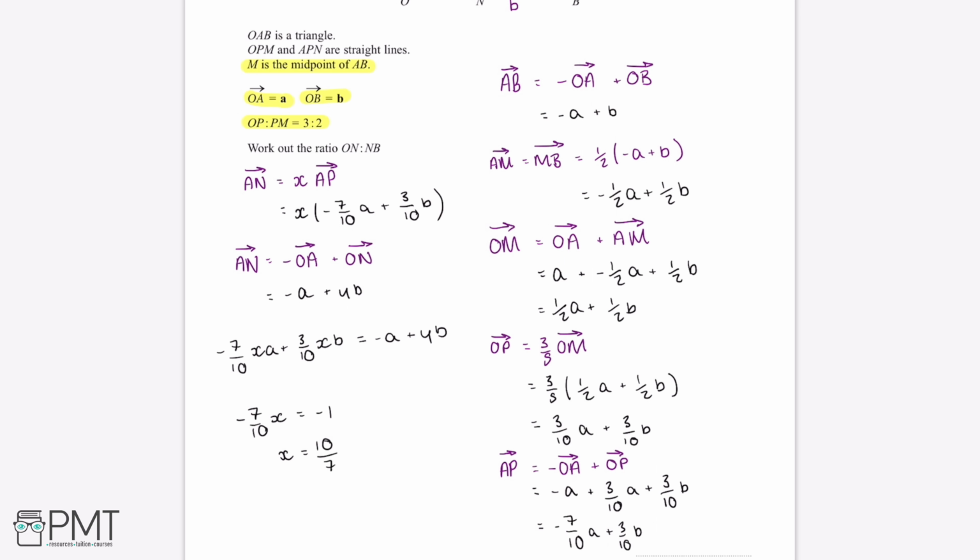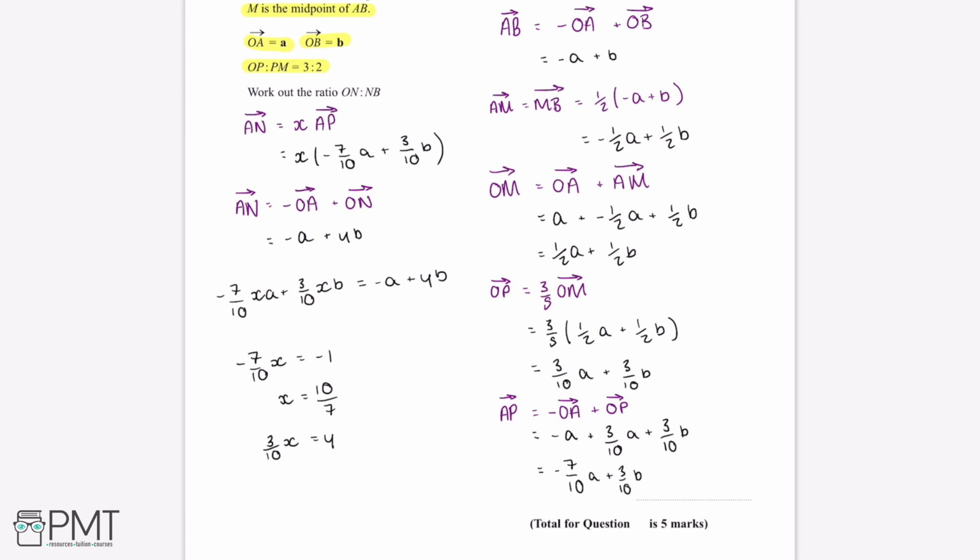We can use the same process for the b. If 3 over 10 xb is equal to yb, then 3 over 10 x must be equal to y. We worked out that x is equal to 10 over 7, so 3 over 10 multiplied by 10 over 7 is equal to y.